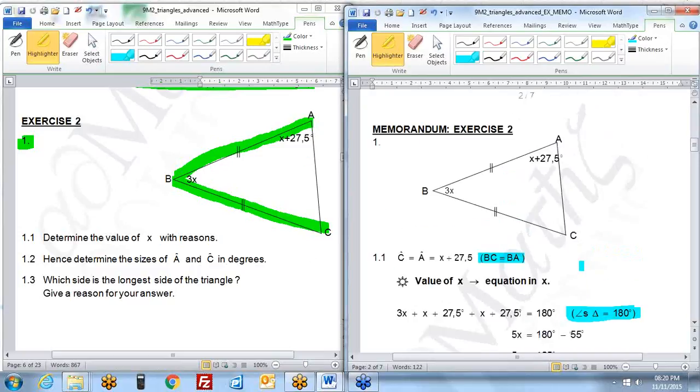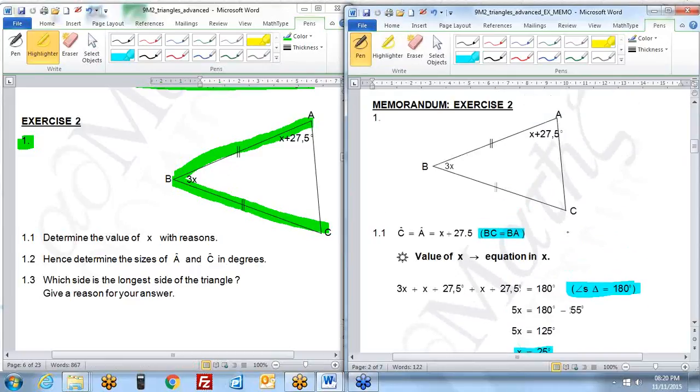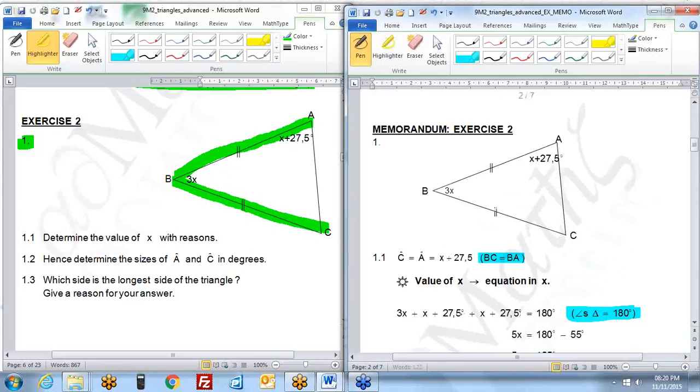So now you can substitute the x with 25 degrees. So as mentioned, always write down all the new bits of information as you go about solving a specific geometrical problem.